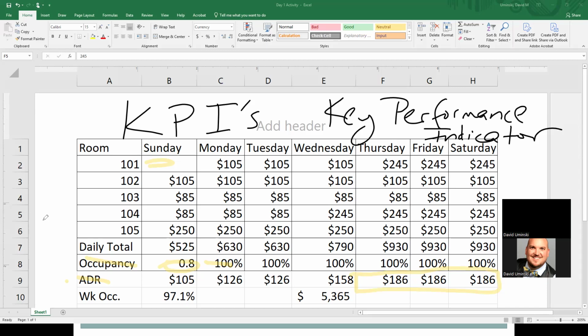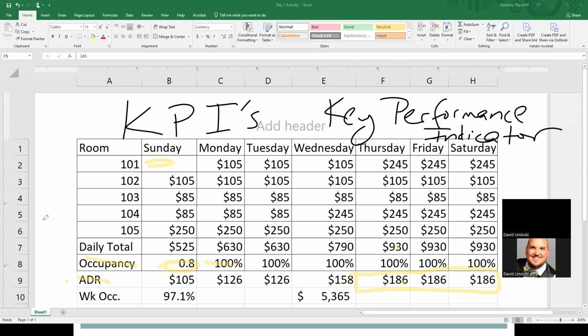Add them all up and then divide by the number we have, right? So $930 divided by 5 rooms comes out to $186. I have different rates on different rooms: 245, 105, 85, 245, 250. So my average of those is $186.